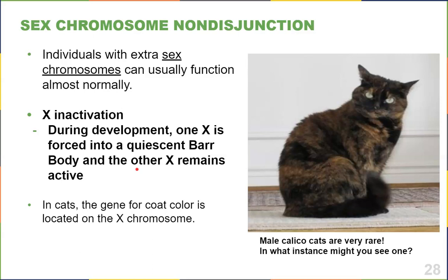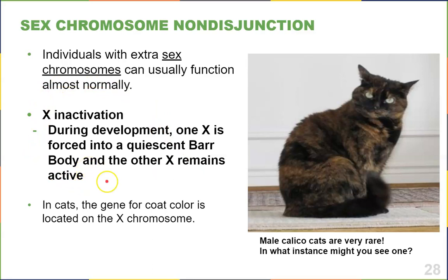Normally, if we have extra chromosomes on another pair, so let's say chromosome 21, we're going to have a lot of developmental issues. Whereas extra sex chromosomes, so the 23rd pair, they don't cause as many problems. And that's because of X inactivation.